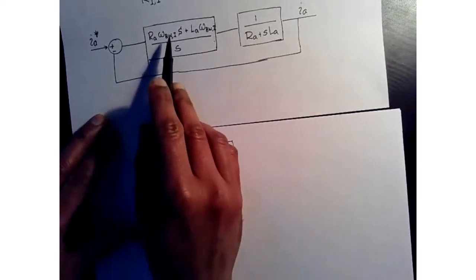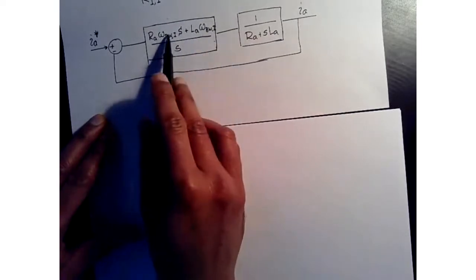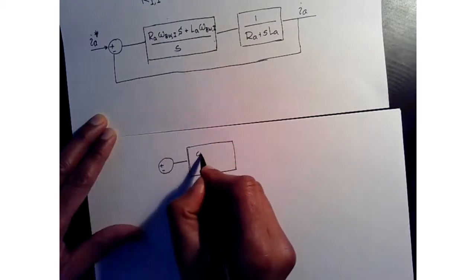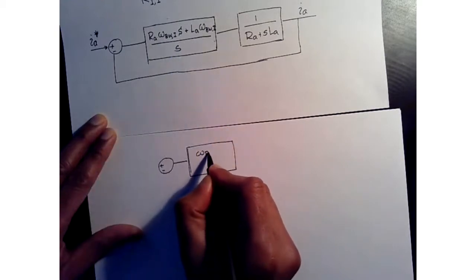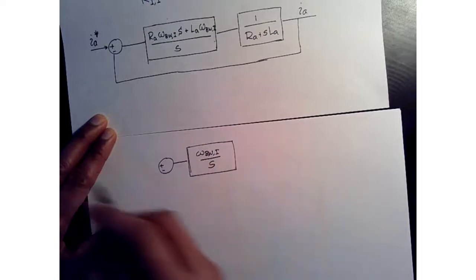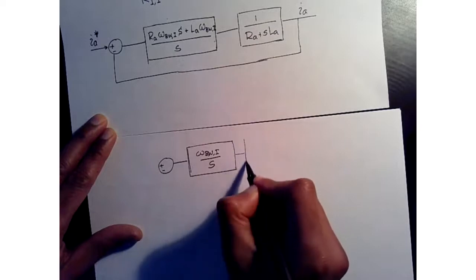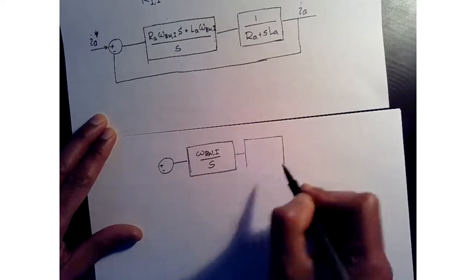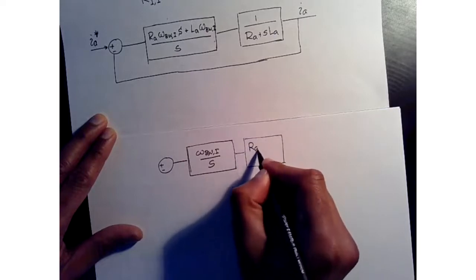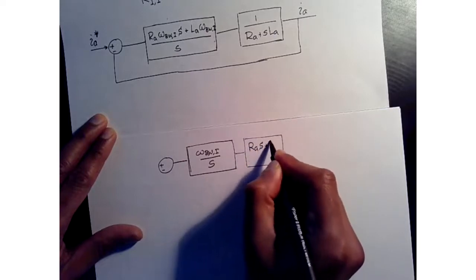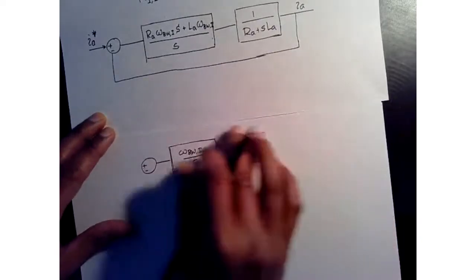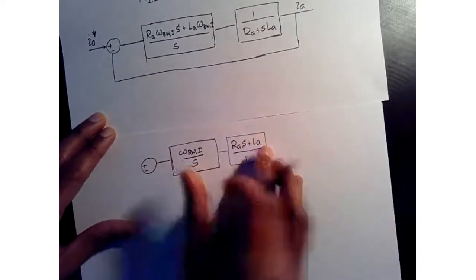We have our bandwidth, which is common to both, and then we have our S term. So let's take that term outside: omega bandwidth, comma, I over S. It's a separate block. Now what's left over is RAS plus LA over 1, from our controller.